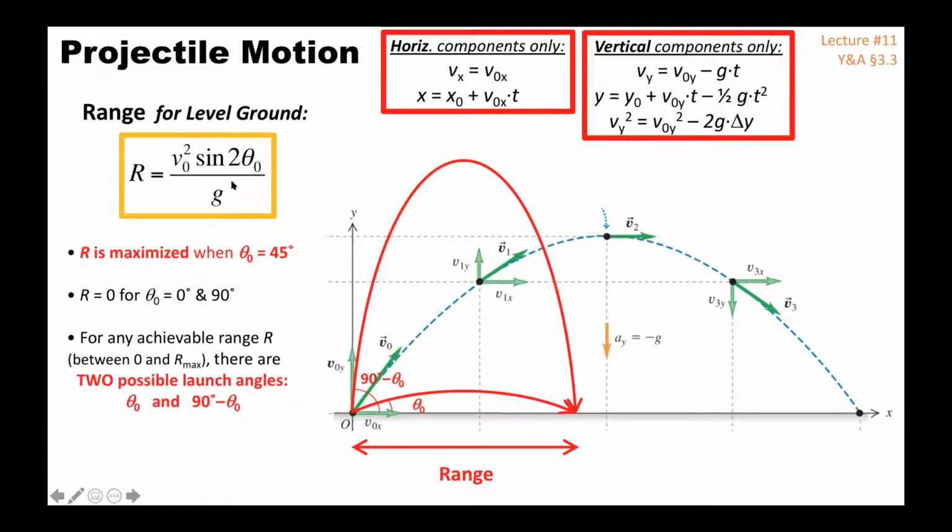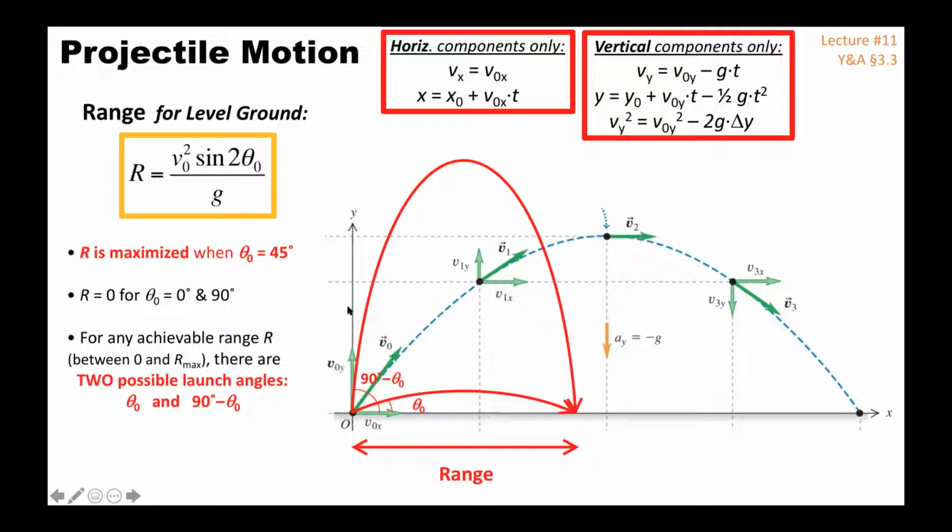Also, what happens if you plug in 90 degrees for the launch angle? In other words, if you launch something straight up, what does the range become? Well, the range becomes v naught squared times sine of 2 times 90, which is sine of 180. And what's the sine of 180 degrees? Yeah, it's 0, right? So that makes a lot of sense. That gives us confidence that this formula is correct.